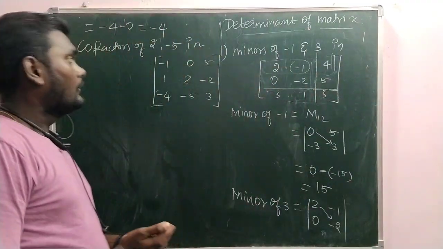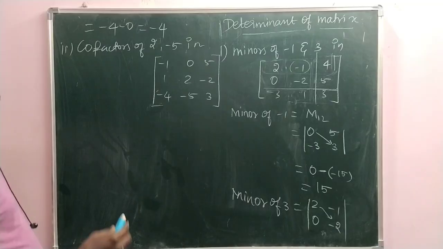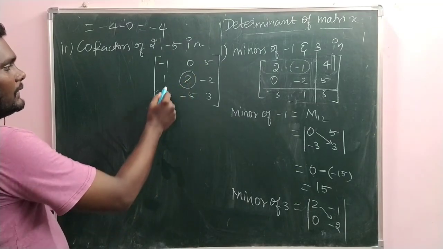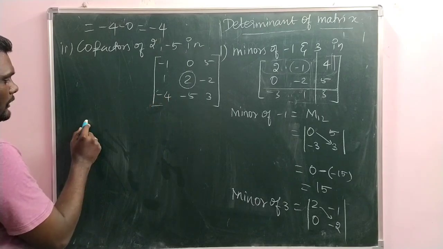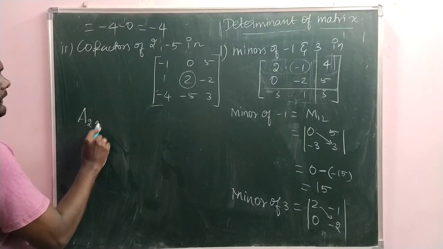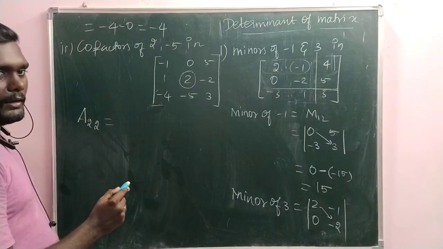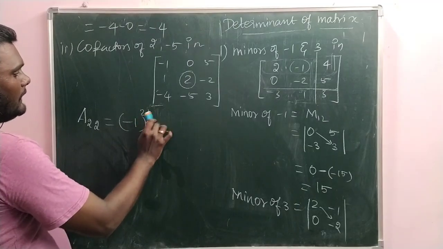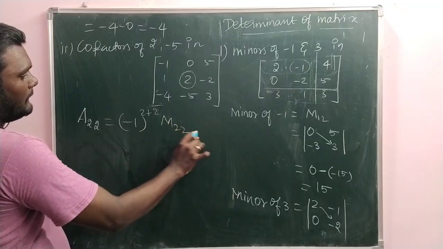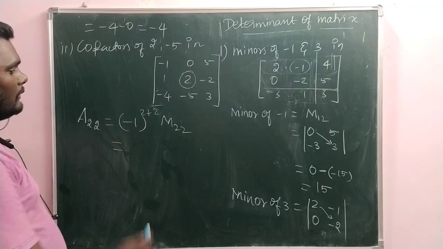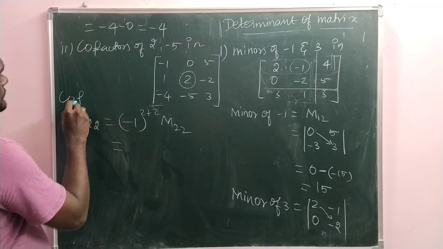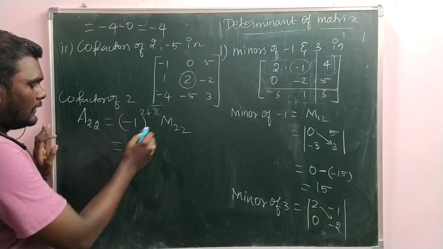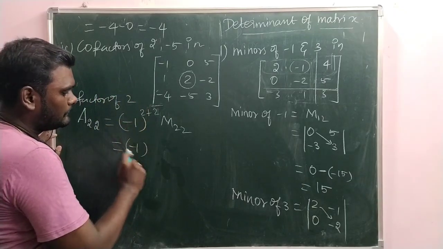Now, see, cofactor means what? Where is 2? First we locate 2. So here it is 2, in the place A22. So we'll be finding the cofactor A22. What is the formula for cofactor? Remember, Aij means (-1) power (i plus j) into Mij. So this is the cofactor of 2: (-1) power 4.